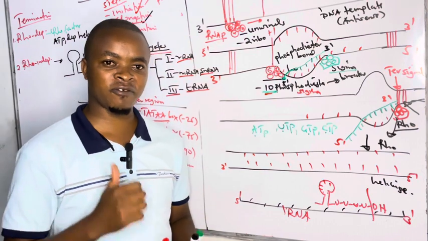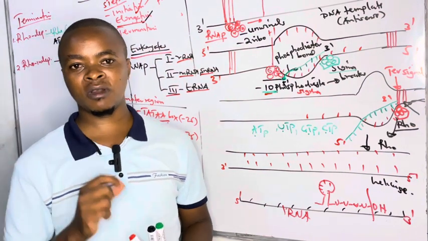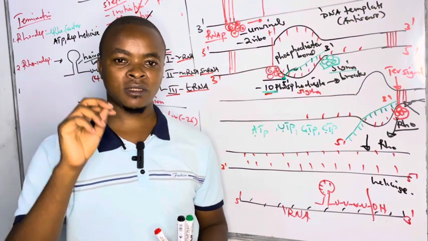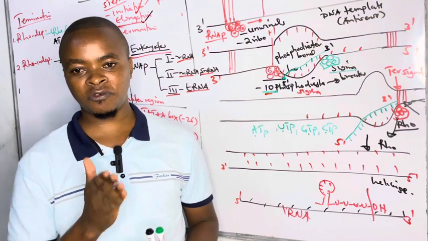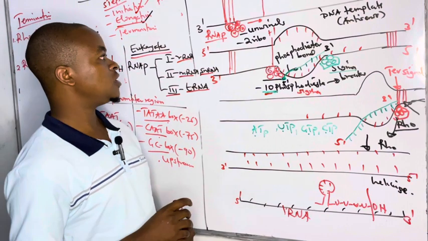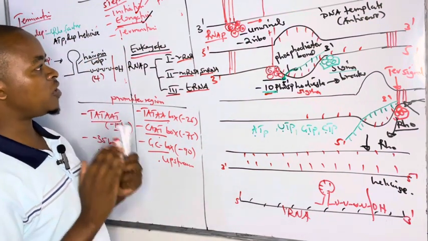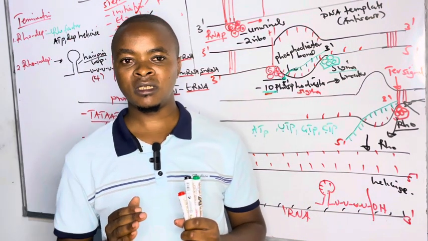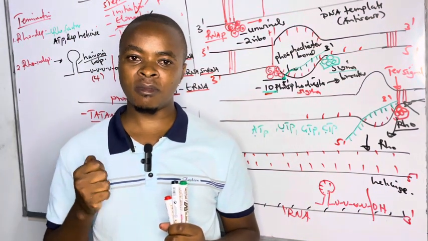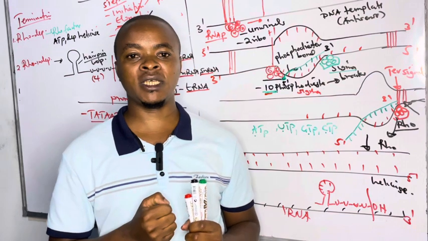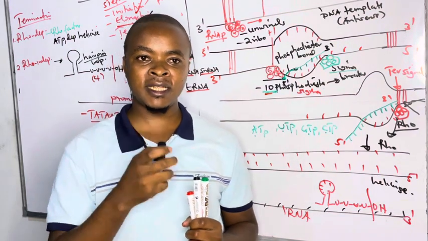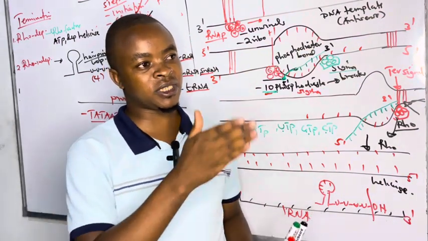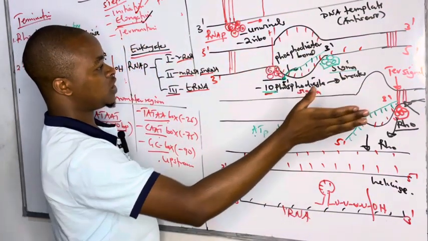Please do not forget the function of sigma subunit in prokaryotes. It is the one that recognizes and binds the promoter regions before initiating transcription. And do not forget that we do not use RNA primer in transcription, whereby the RNA polymerase has its own nucleotides. So it adds the first 2, leading to formation of the phosphodiester bond, and it keeps adding more during elongation step.